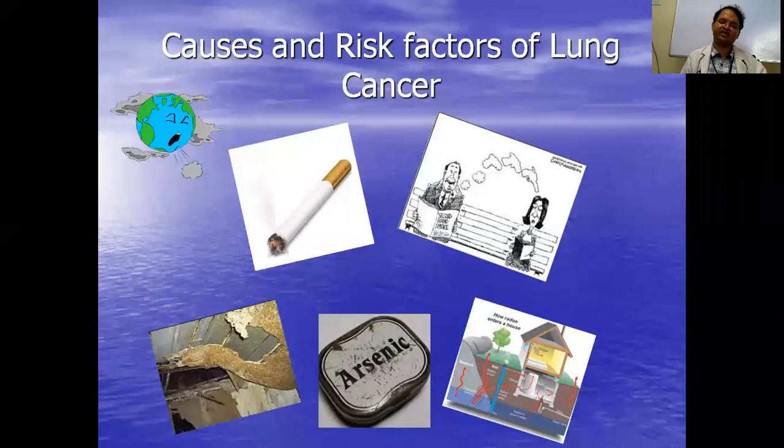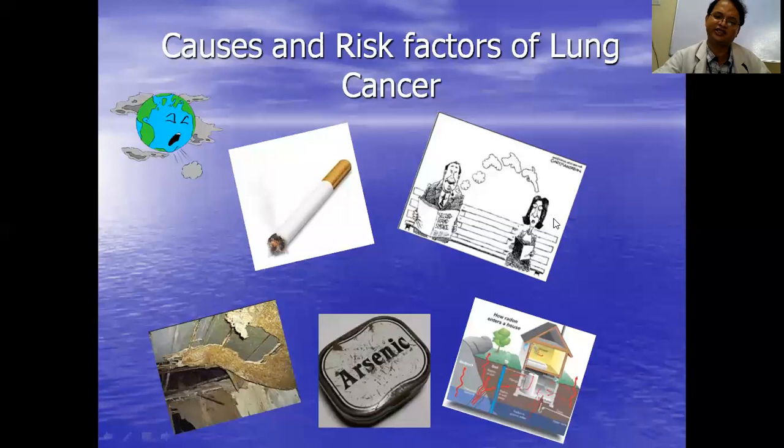About the etiology or the causes of lung cancer and the risk factors of that. As we have again and again discussed, cigarette smoking is the prime cause of lung cancer. Smoking not only harms the person who is actually smoking, but also harms the person who is passively smoking.